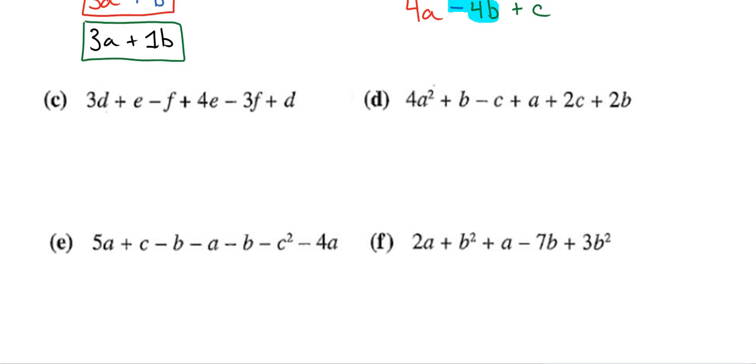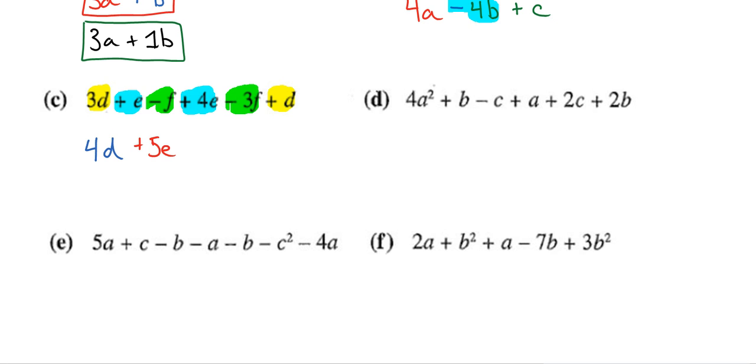Question number C now. Okay, so I have a 3d here, and I have a plus d at the very end. So 3d plus d will give me 4d. And then I have a plus e here and plus 4e there, so that'll give me a plus 5e. And then the same idea from the previous problem, I have a negative f here and a negative 3f there.